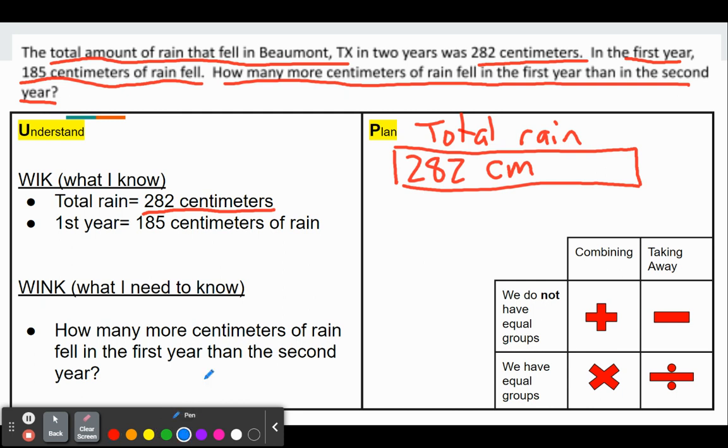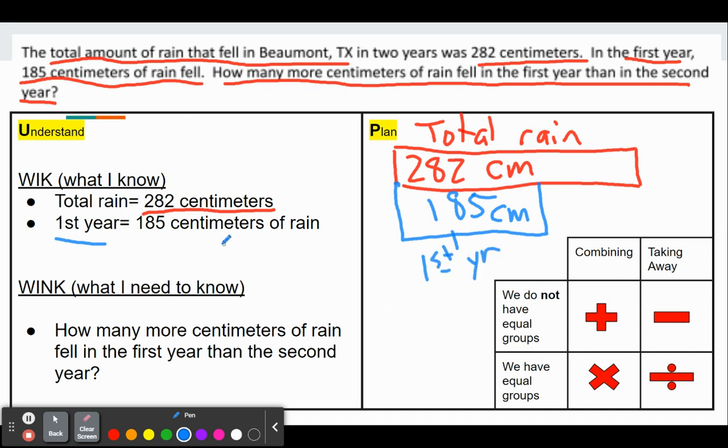Then I also know that in the first year in Beaumont, Texas, I had 185 centimeters of rain. So I'm going to put this right here to show that that's part of it. In year one, I had 185 centimeters of rain.